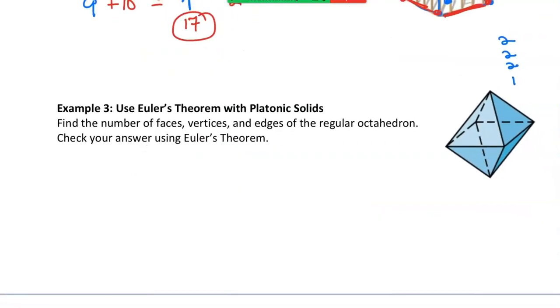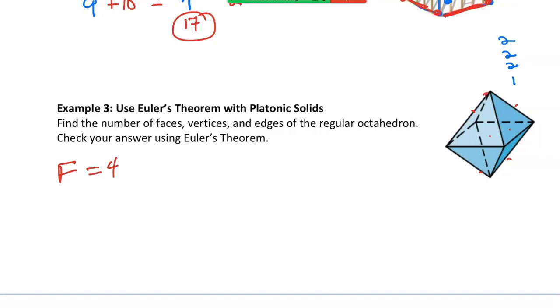Okay, we can do it one more time right here. Find the number of faces that we have on this octahedron. So let's see how many faces we have. So looks to me like we have 8 faces. So we have this front 1, 2, 3, 4 on top, and then 4 on the bottom. So faces is 8.